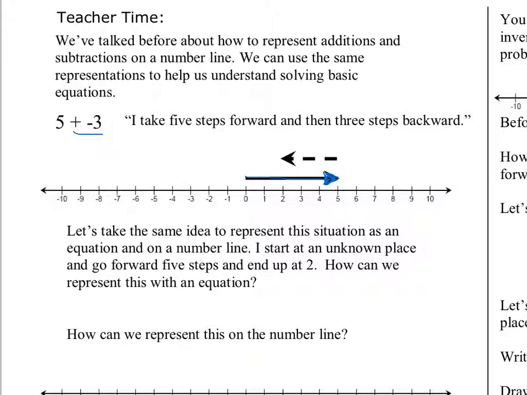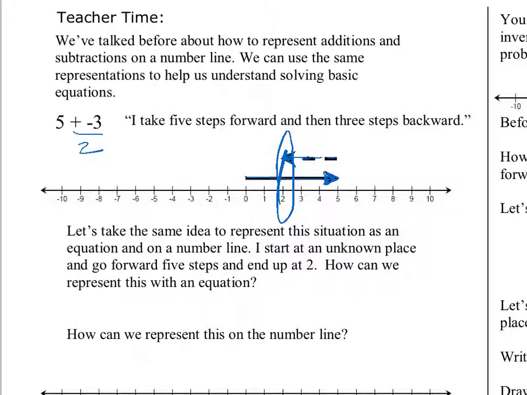And adding negative 3, this is this arrow I have coming backwards. 5 plus negative 3, and we see that takes us to line up at 2. This makes sense. 5 plus negative 3 is 2. Okay? So we can represent an addition by an arrow moving forward. We can represent the addition of a negative by an arrow moving backwards.